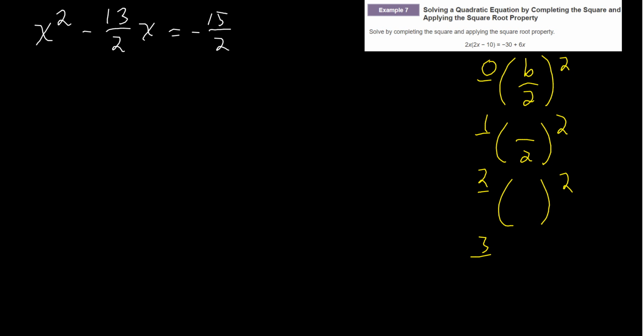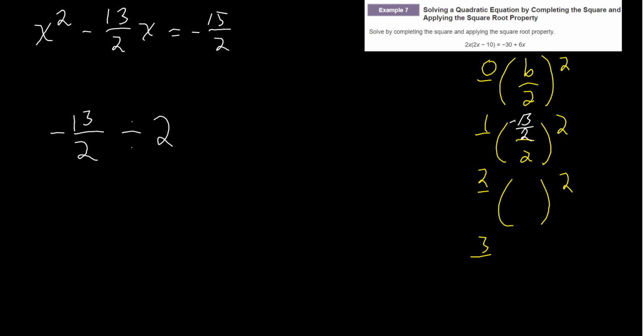So what is my b value? What's a negative 13 over 2? Well, this is getting a little cramped up here, so negative 13 over 2. Let's make that 2 a little bit better. Okay, well, it's negative 13 over 2 divided by 2. So it's going to be negative 13 over 4, but how do I get that? Well, we have negative 13 over 2 divided by 2.